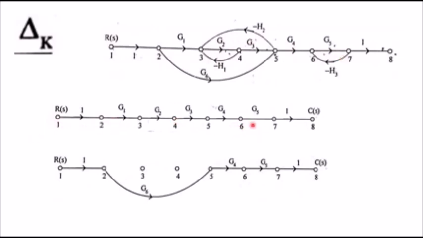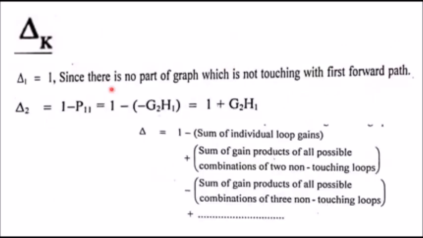So if these are touching, there is no non-touching loop, so the rest will be 0. So 1 minus 0 is equal to 1. So it is very clear that if there is no non-touching loop to a particular forward path, then the delta value of that path is equal to 1.